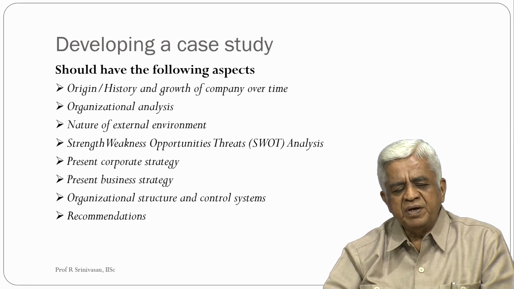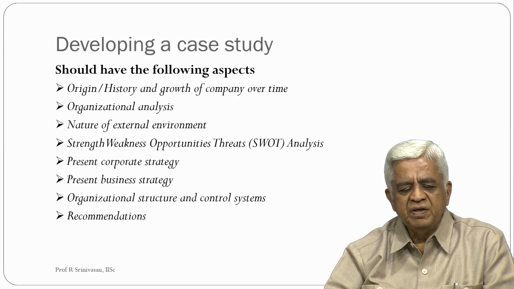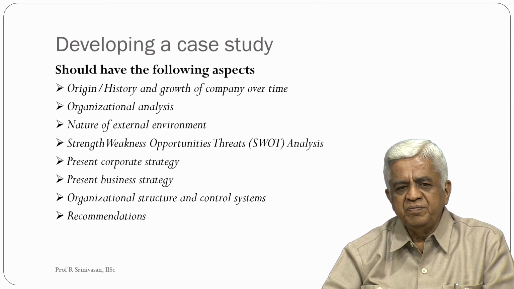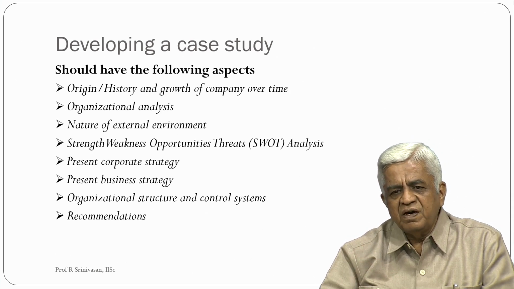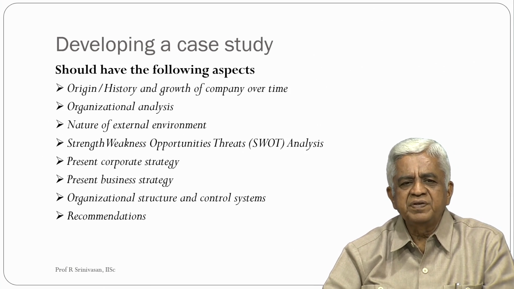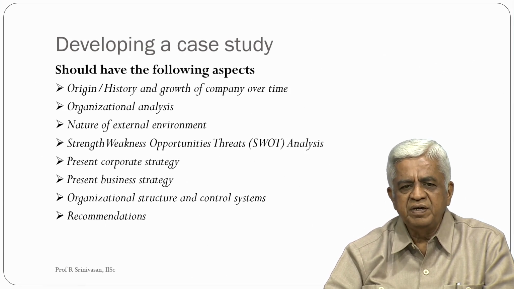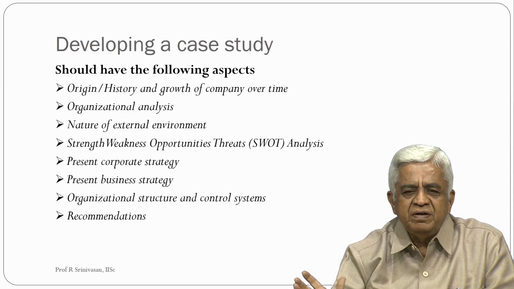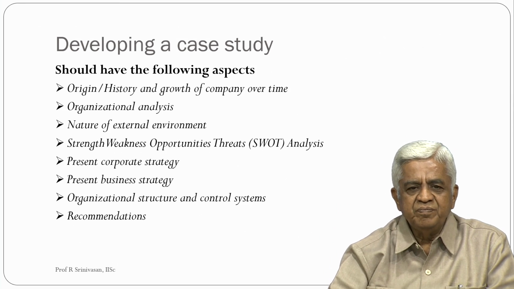The third aspect which has to be dwelt upon is what is the nature of the external environment. Is this organization a monopoly? If you look at the present day Indian business environment, you will find it very difficult to categorize an organization as a monopoly.